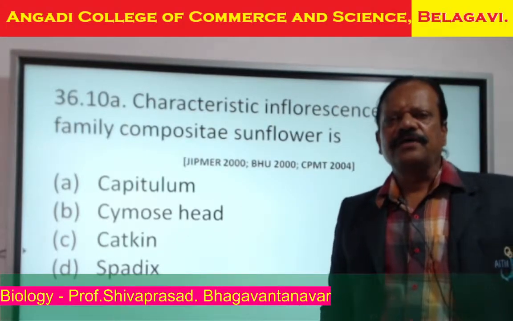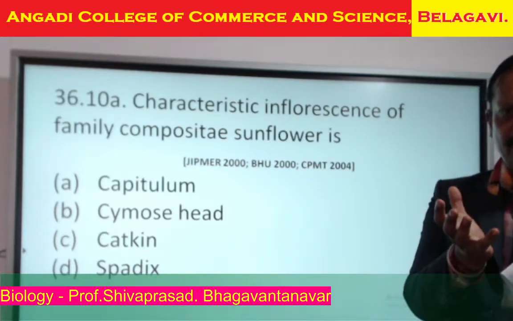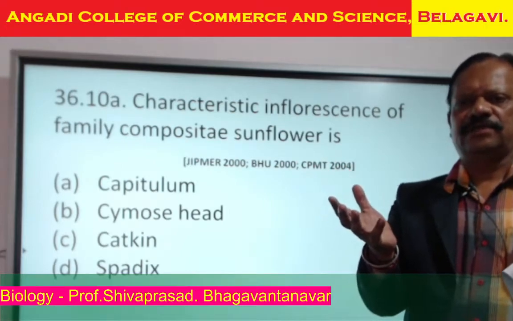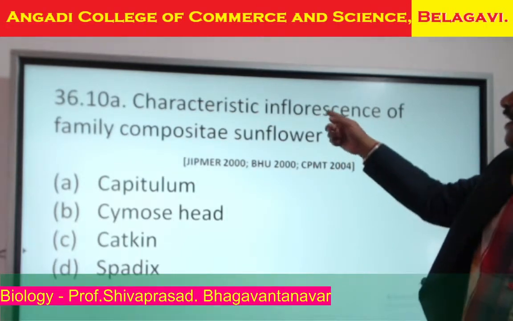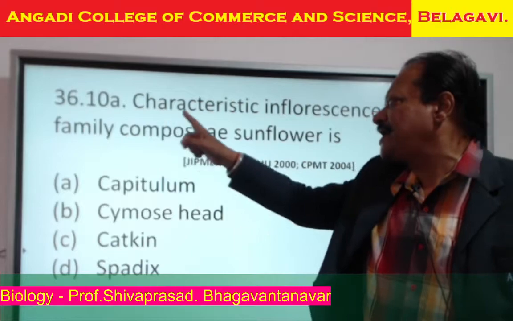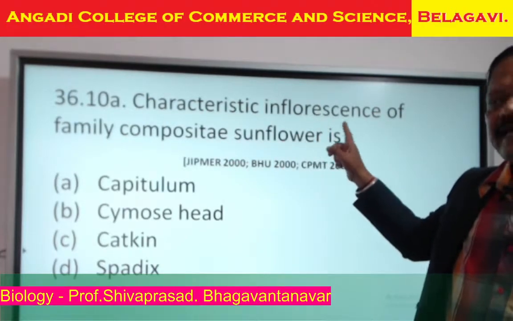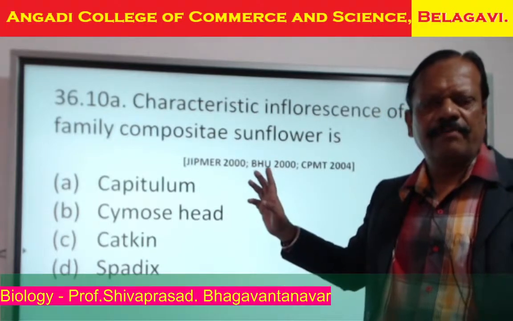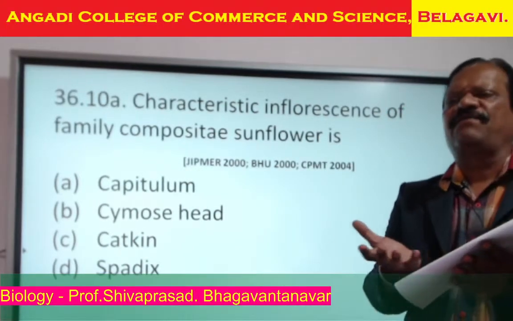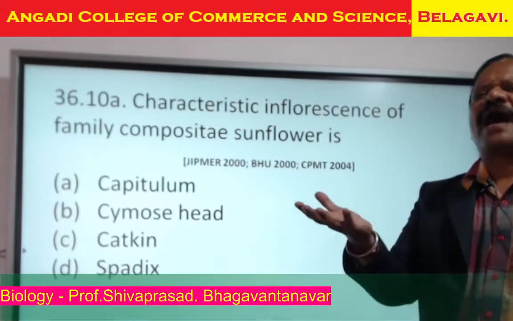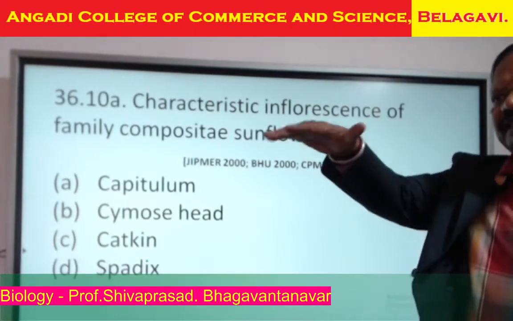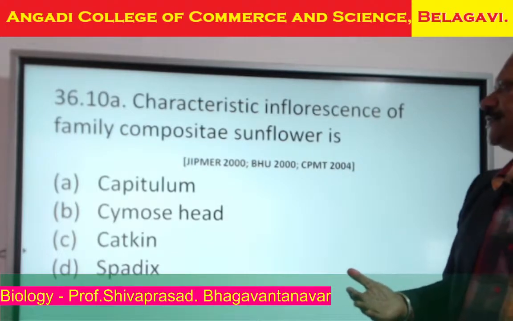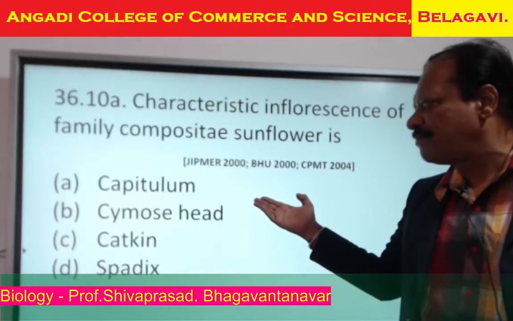Here the head is formed at the top, and it appears capitulum-like. So the inflorescence of family Compositae, sunflower, has the right answer: capitulum. Because you already know the sunflower, it is expanded like anything. You observe a broad disc. Such a type of inflorescence you call a capitulum type of inflorescence.